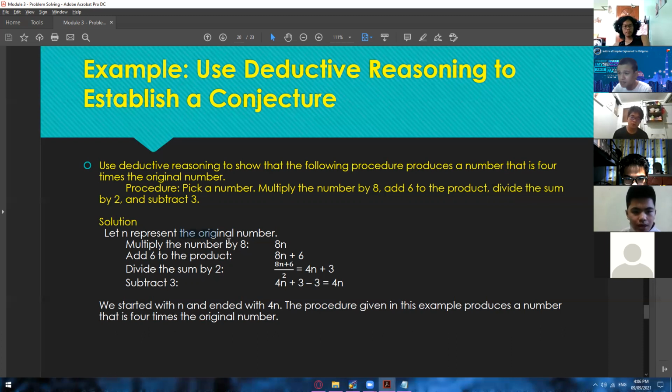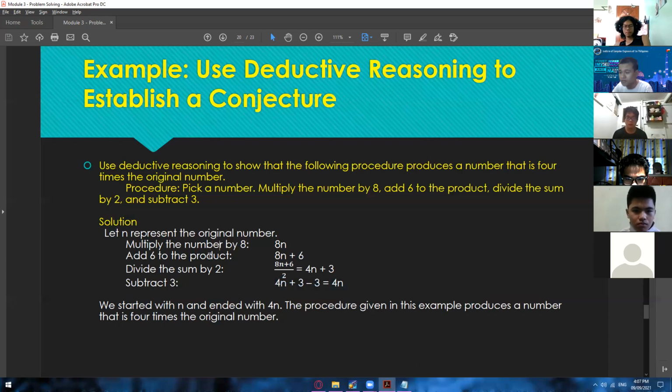In here, we are going to replace the original number by n, so that for any n, we can easily apply whatever formula is formed, and then we'll have the correct answer as soon as possible. We don't need to use a lot of examples.